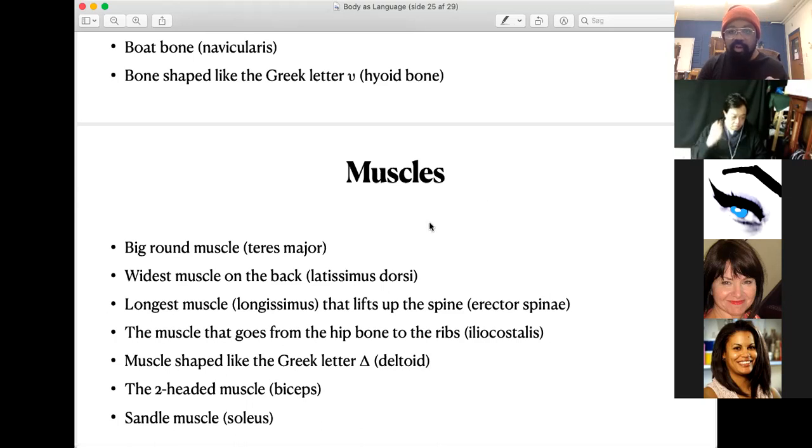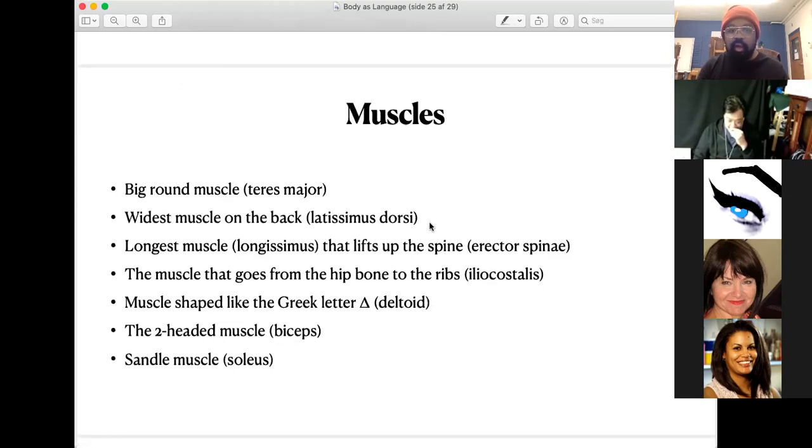A couple of other muscles that are, for me, really interesting: deltoid. Anything that ends in oid, by the way, another linguistic aspect, means to look like. So deltoid means looks like the letter delta. Mastoid means it looks like a breast. Styloid means it looks like a stylus or a sharpened pencil.